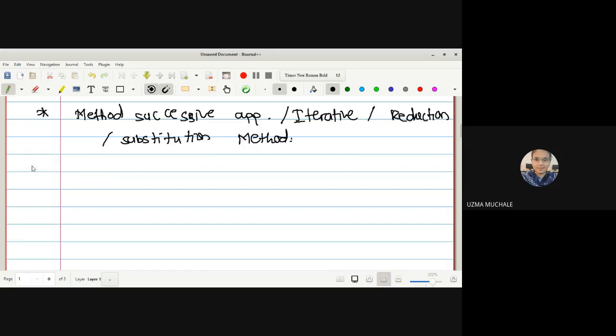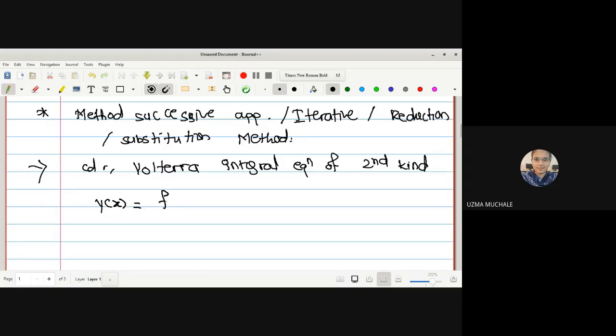For that, we can go for the proof, or we can consider the Volterra integral equation of second kind. So what will be the Volterra integral equation of second kind? y of x is equal to f of x plus lambda integration a to x, k of xt, y of t dt.